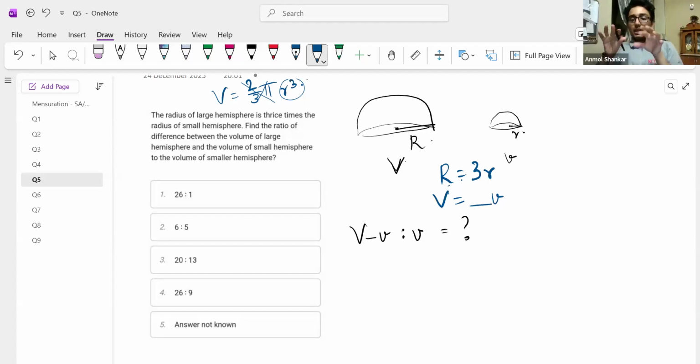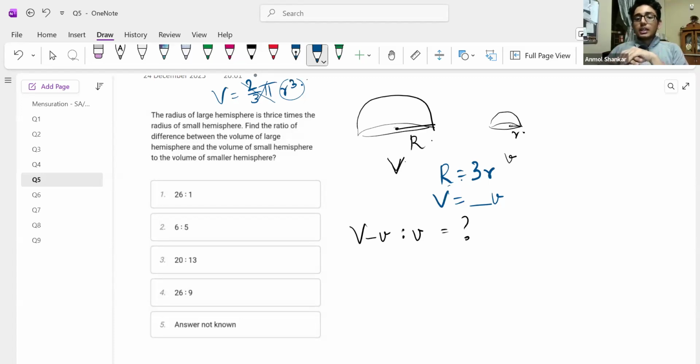Just like now there are 2 circles. One circle has 3 times the radius of another circle. What is the ratio of their areas? It comes as pi r square in the formula. So r square, so 3 square, 9:1 is the ratio of the areas.